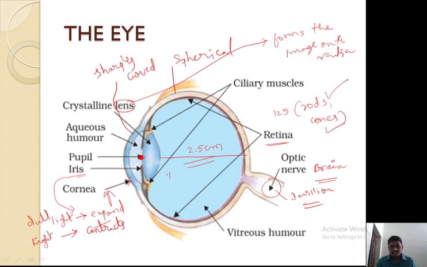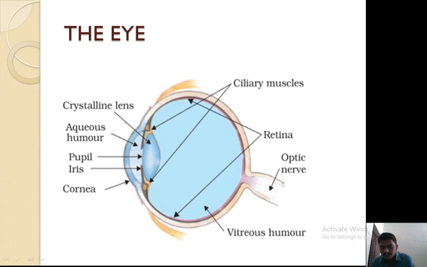So the image distance is fixed here. Okay, so look at the lens equation. Since there is a lens, the lens formula is 1 by f equals 1 by v minus 1 by u.